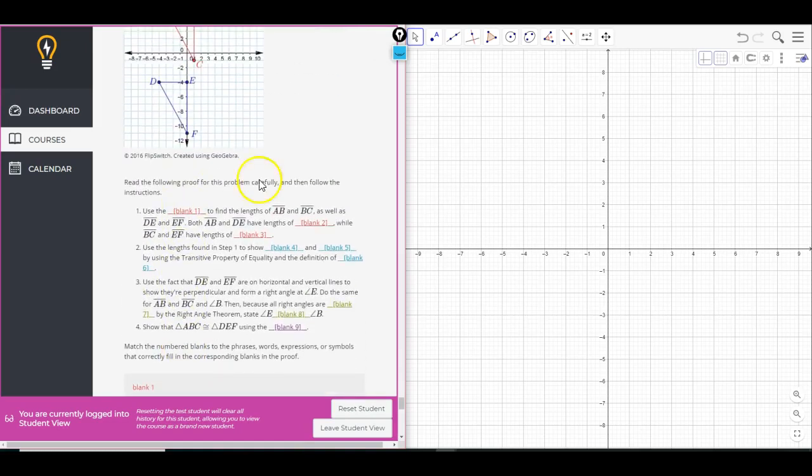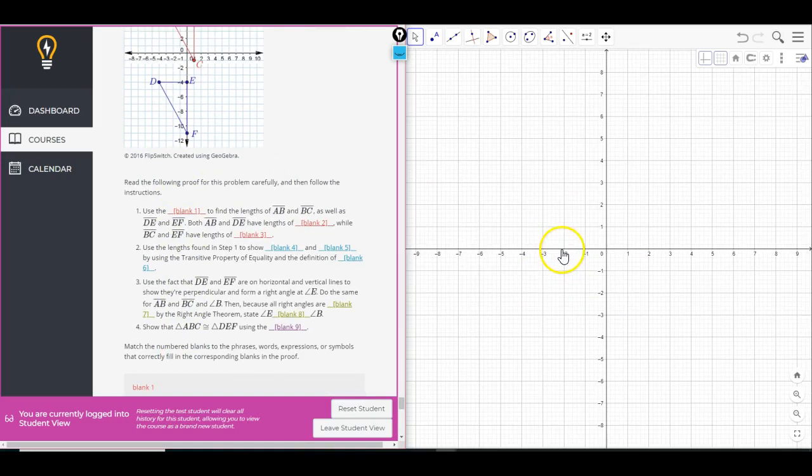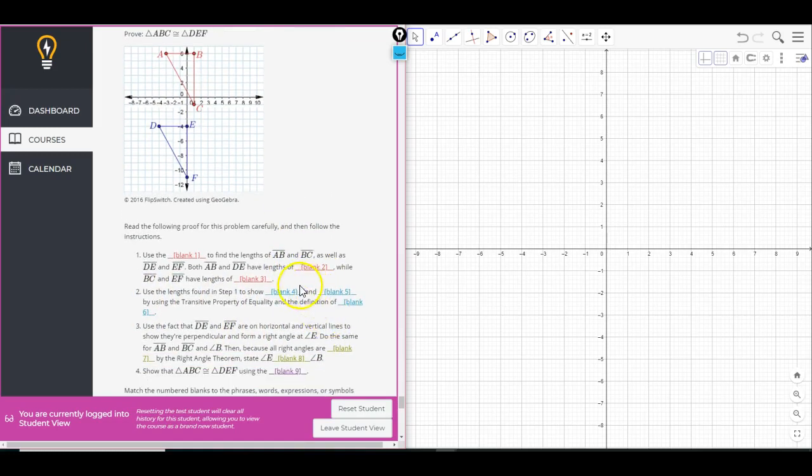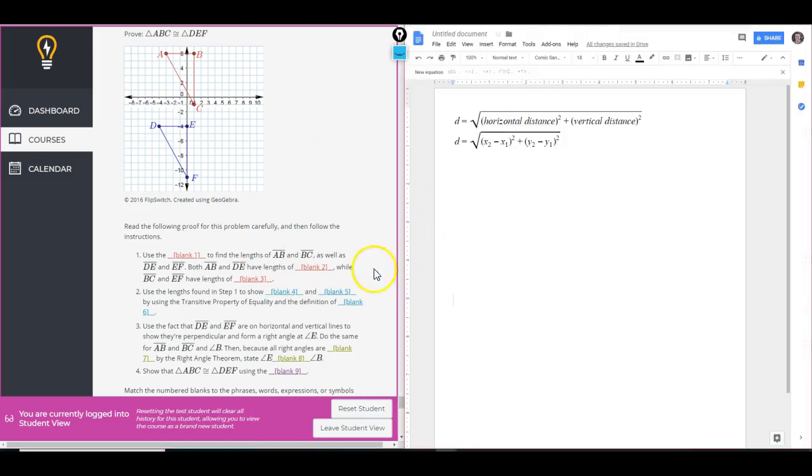And now this is why I would have this one up. So use the lengths found in step 1 to show blank and blank by using the transitive property of equality and the definition of blank. So transitive property of equality means that we have this linking.